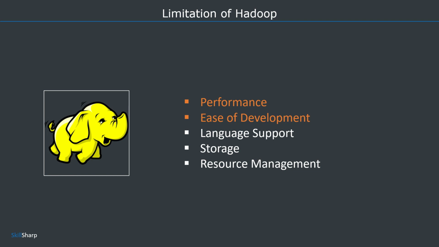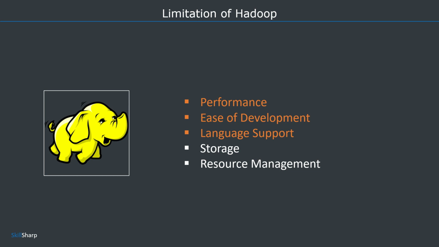The second thing is ease of development. The MapReduce programming framework is complex in itself, and creating MapReduce jobs or code for complicated data processing operations or applications is very hard. So creating ETL pipelines and ETL processes is very hard, and it's not the cup of tea of everyone. Only a few skilled engineers and professionals can write the best possible code or perform optimization in the MapReduce framework.